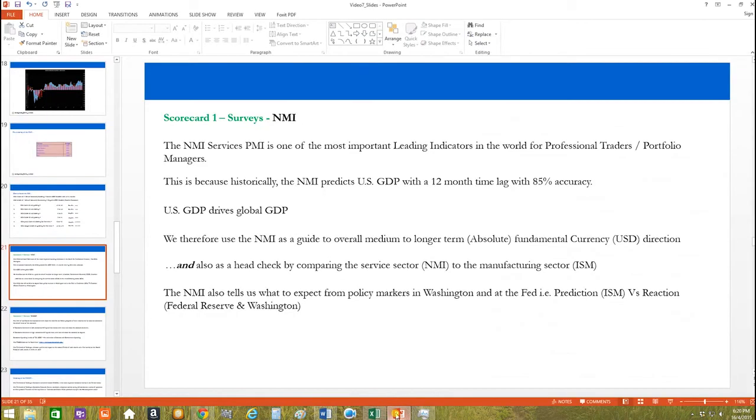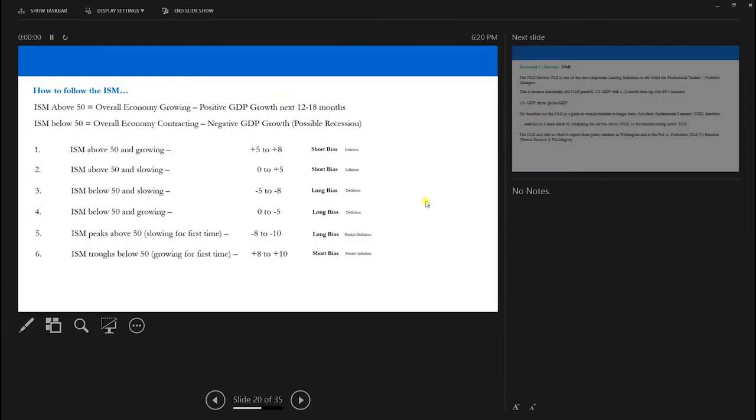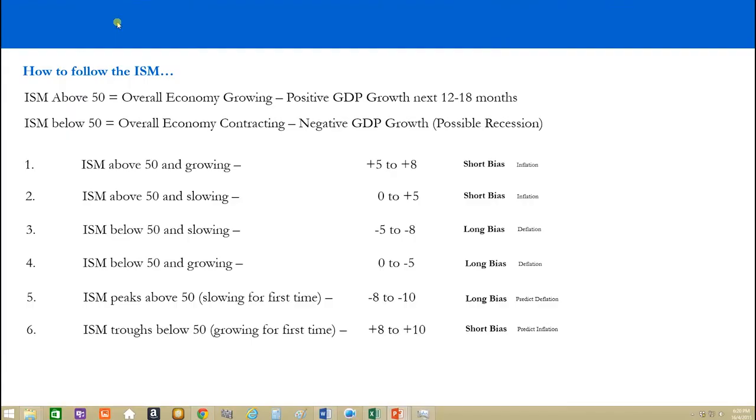Now if we go back to the presentation and look at our analysis that covers both surveys, for the NMI we've got a situation where the number is pretty high historically, growing at a rate above 50 and growing faster.